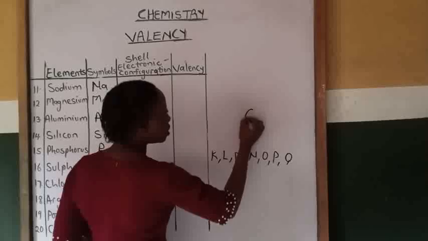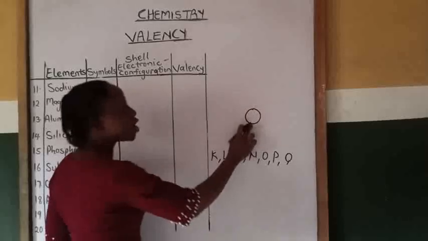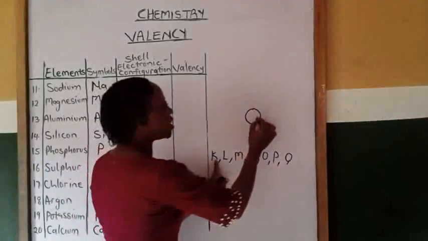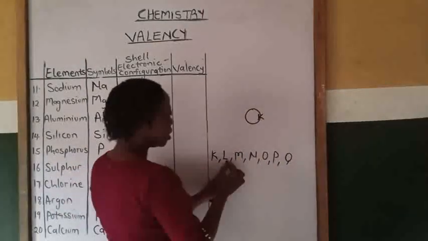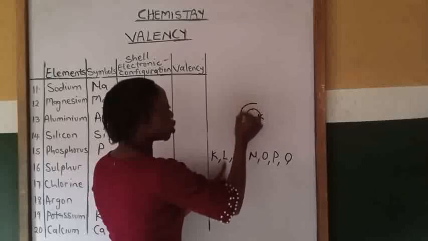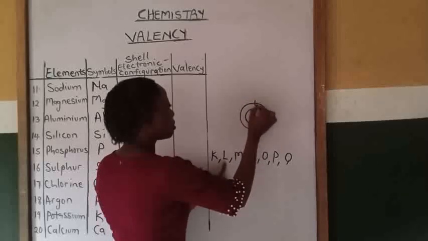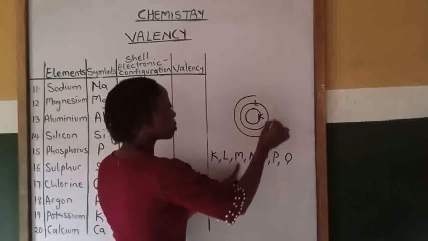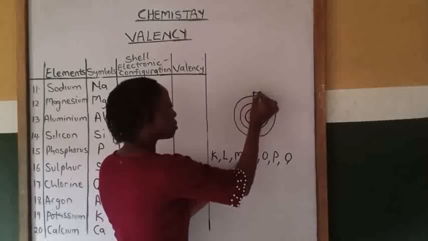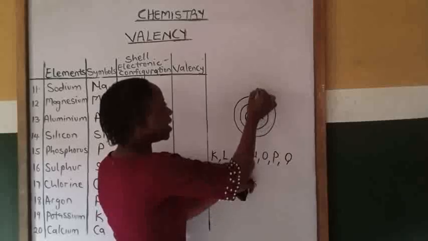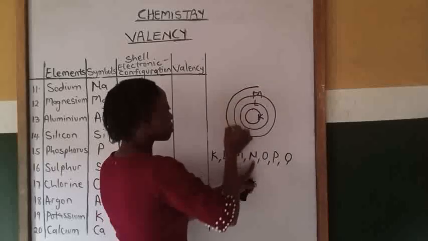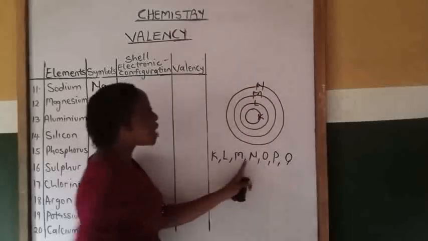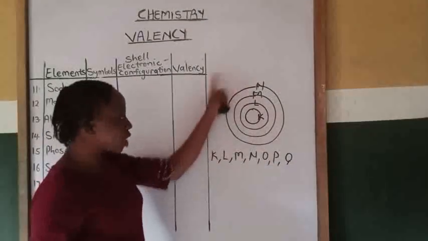The circle is an electronic shell in chemistry. The second shell is L shell. The third one is M shell. Then the fourth one is N shell. So we have K, L, M, N, O, P, Q, and so on.